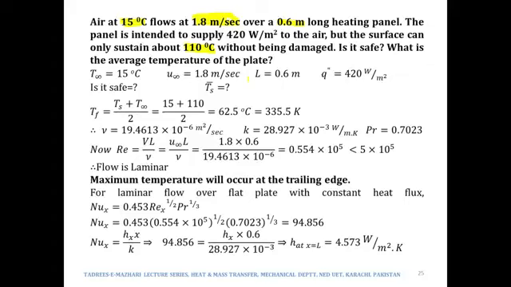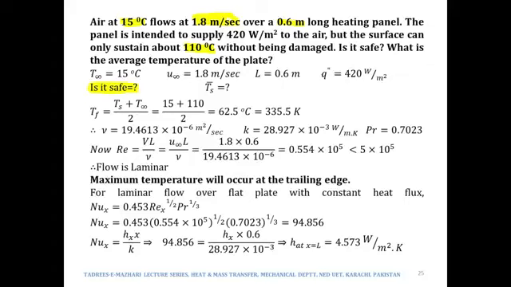So we need to make sure whether the temperature remains less than 110 degrees Celsius or not. And then we have to find out the average temperature of the plate. So first of all, we need to find out whether the design is safe or not, means we need to find out whether the temperature over the surface would remain less than 110 degrees Celsius.